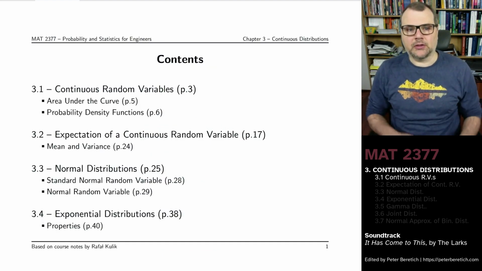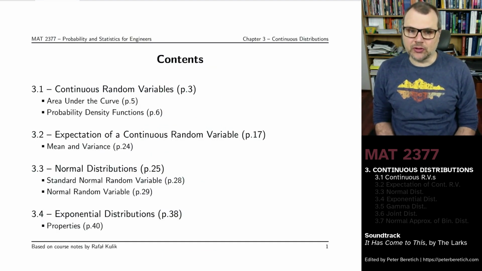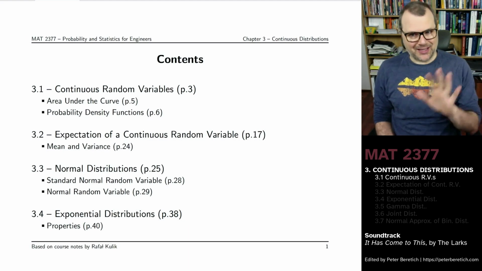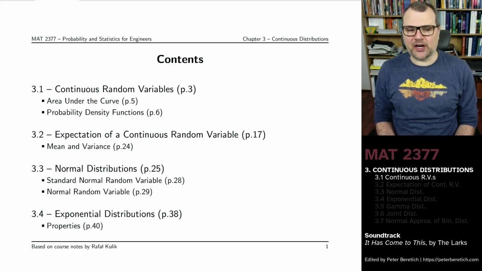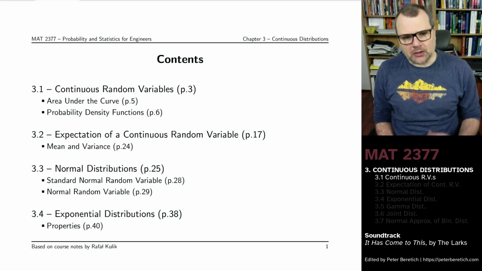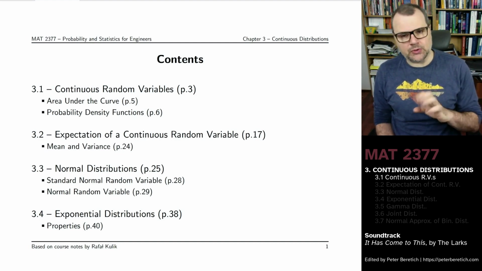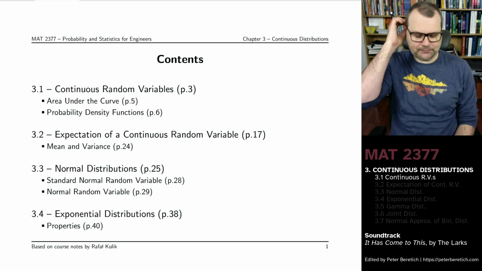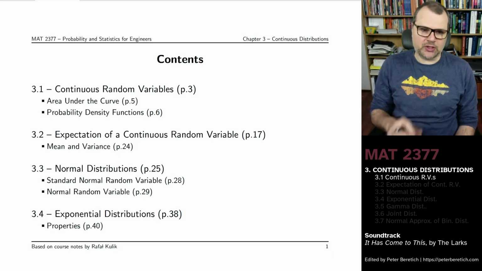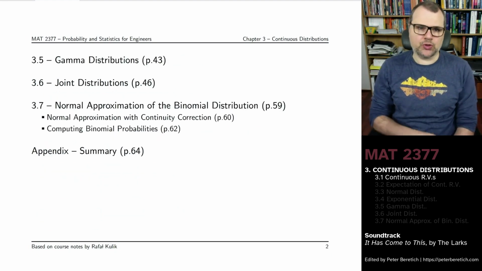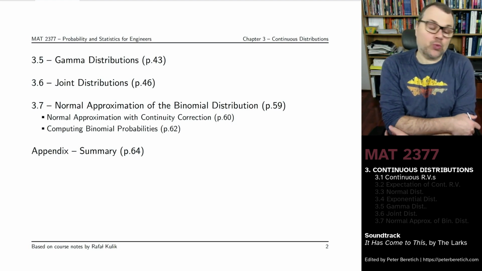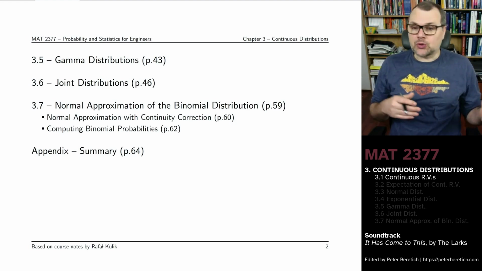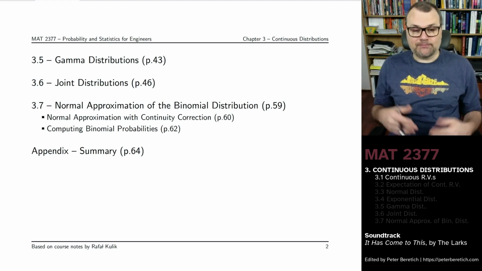We're going to talk about continuous random variables in general and make a link to calculus and expectation of a continuous random variable. Talk about some commonly used continuous random variables: normal distribution, the exponential distribution, the gamma distribution. Then we'll talk about joint distribution, which can be continuous or discrete or a mixture of both.